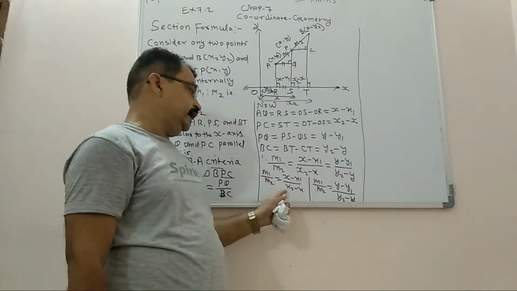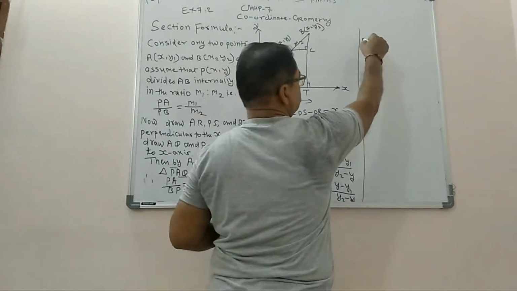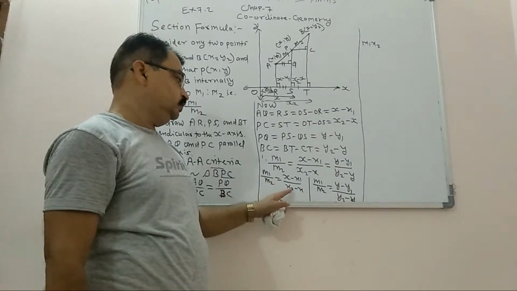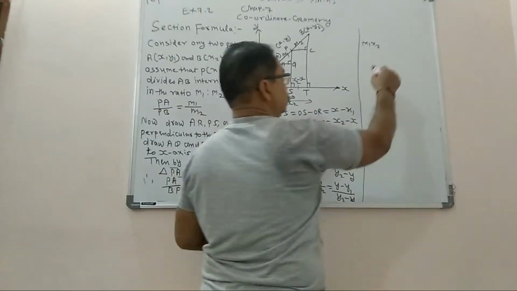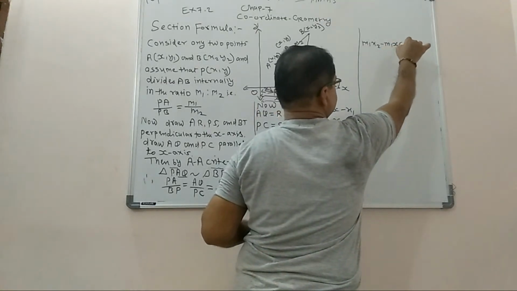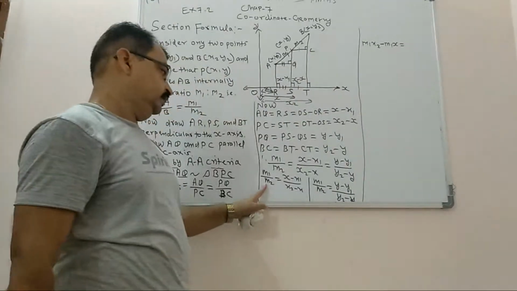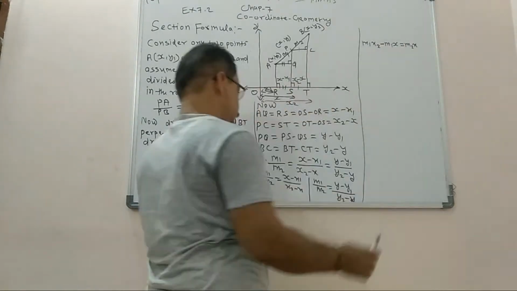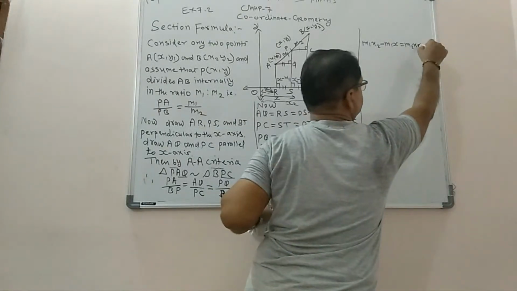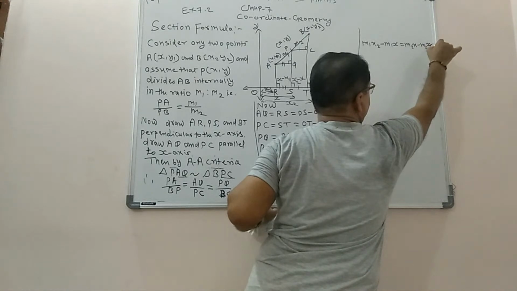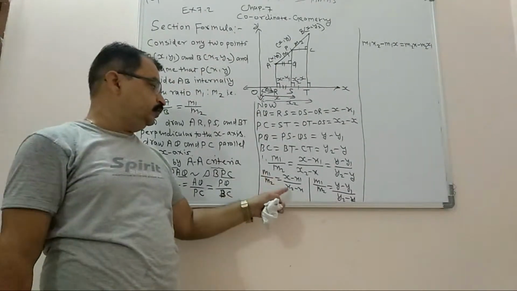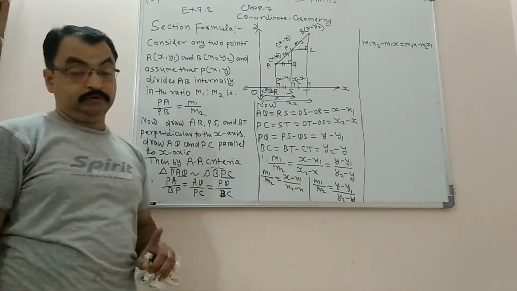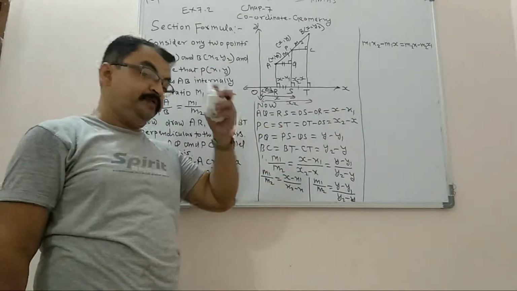So see, m1 x2 minus m1 x is equal to m2 x minus m2 x1, children, right? Simply we cross multiply over here.